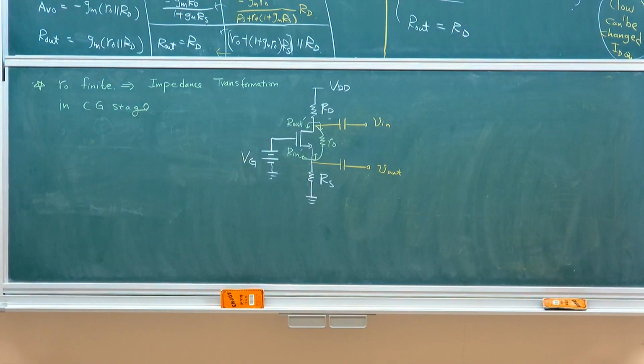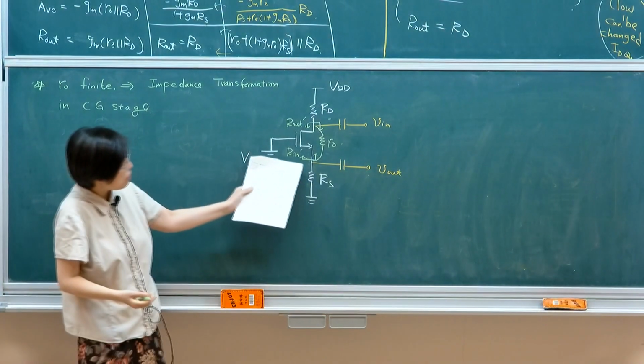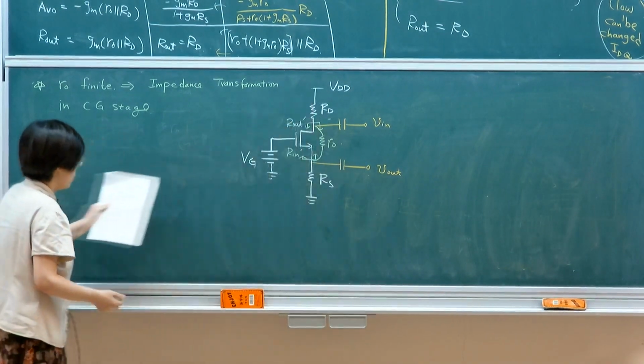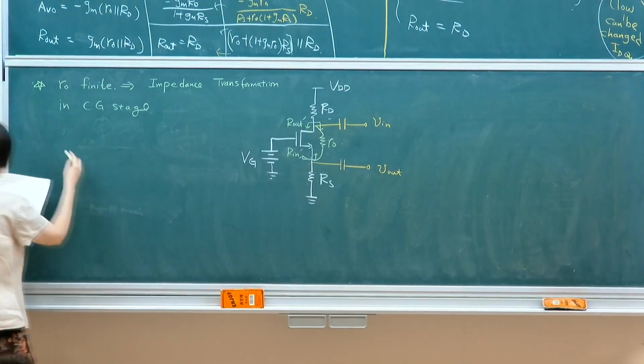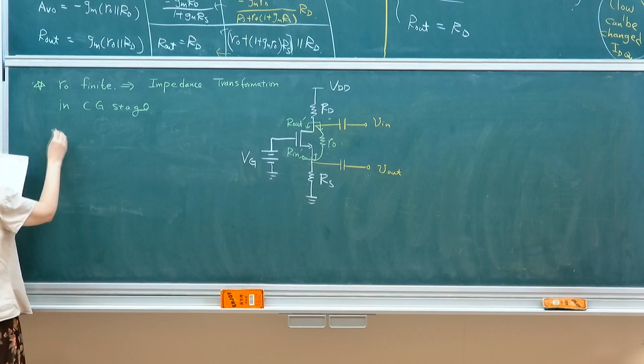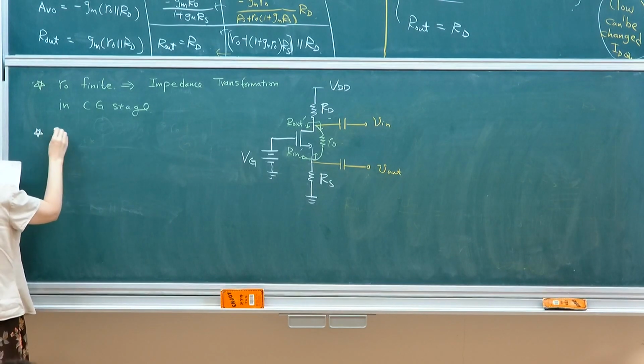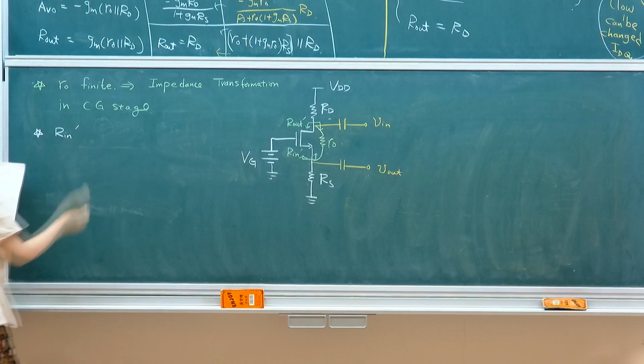As I said, what I want to do is look at the input resistance when I'm looking up. So your equivalent circuit will be something like this. First we want to look at R_in prime.